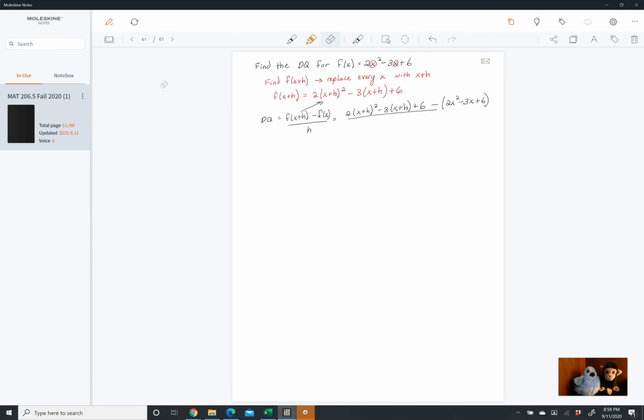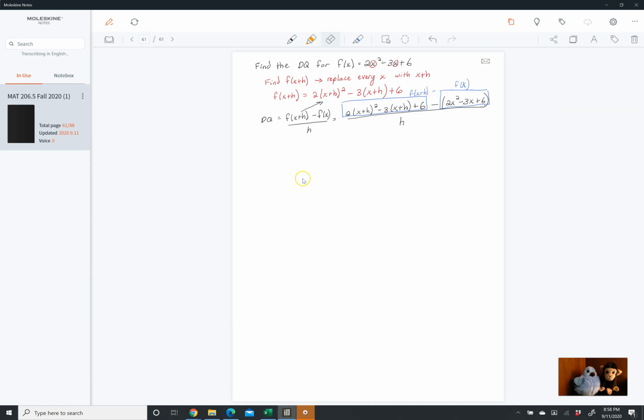And we are dividing by h. So here, this piece is the f of x plus h. If you have to, draw boxes so that you don't forget the second part. Minus, this is your f of x. Right? So we have f of x plus h minus f of x over h.